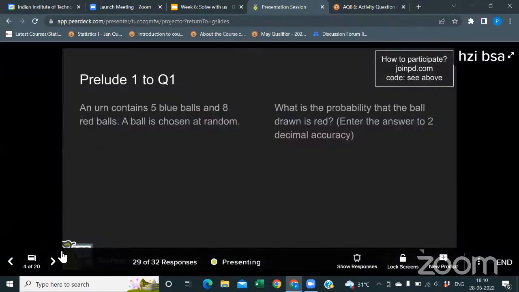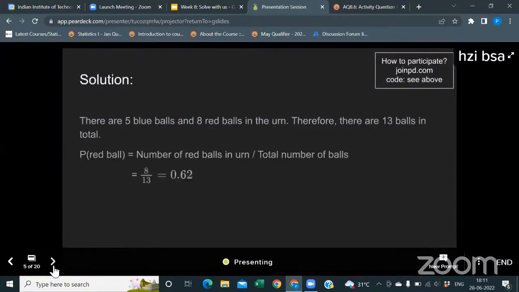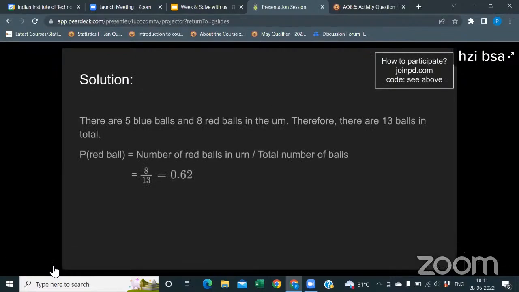Let's see the solution for this one. The answer is just 8 by 13, because we have to find the probability of a red ball, and there are 5 blue balls and 8 red balls. So what is the total number of cases? 13. And the favorable cases for a red ball are 8.